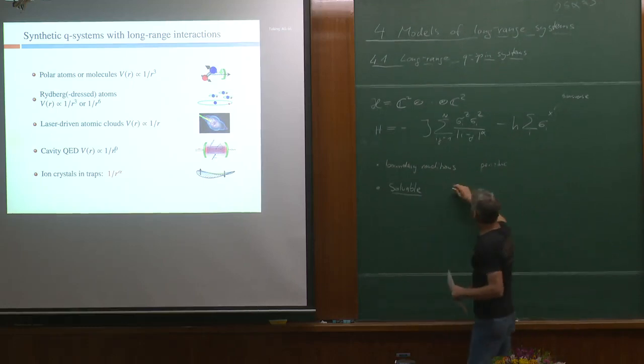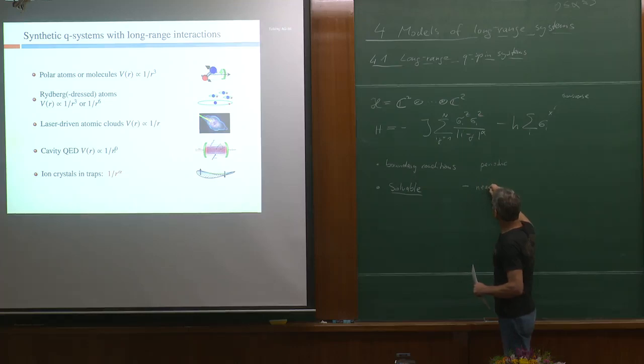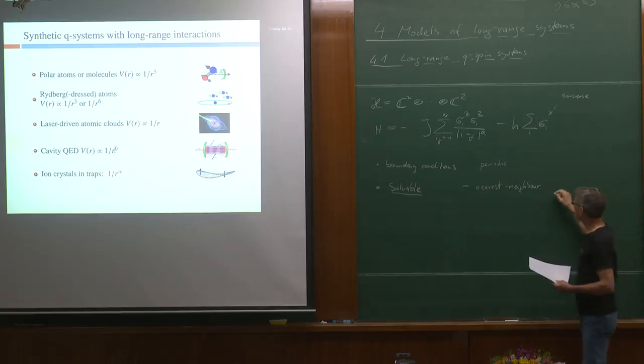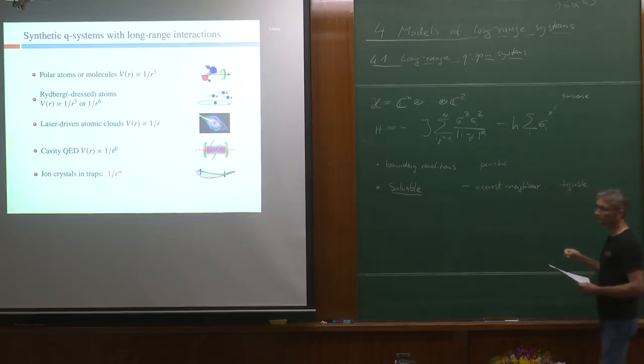Just as a reminder, what is solvable? The nearest neighbor version of this transverse field Ising model is solvable. This is an integrable model. How many of you have seen this, like solving the transverse field Ising model?